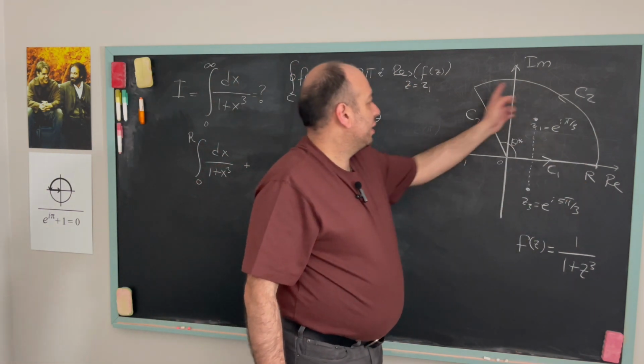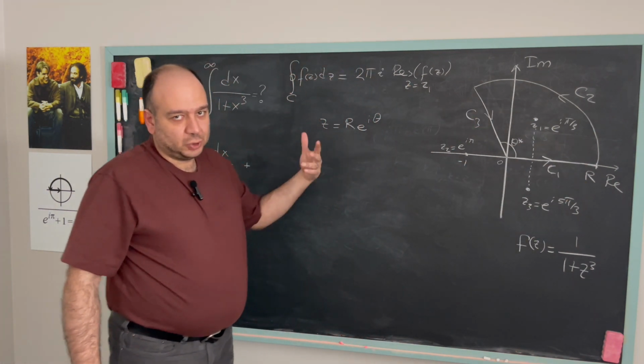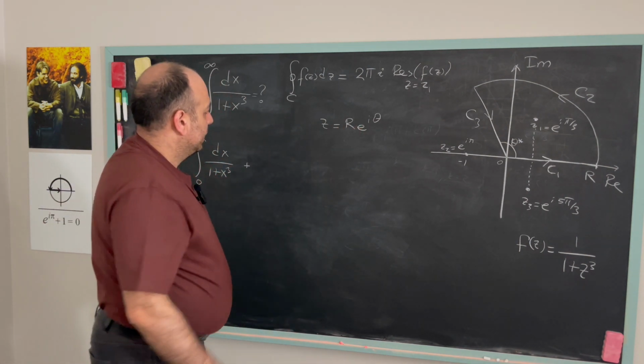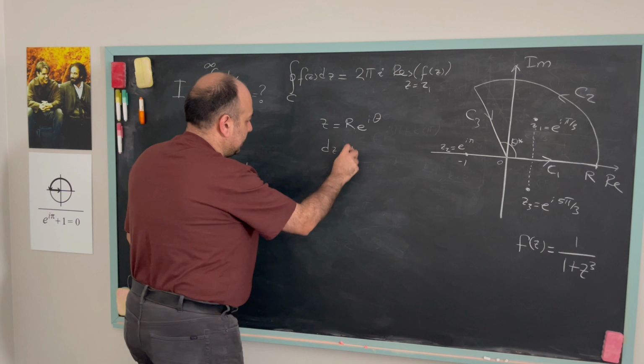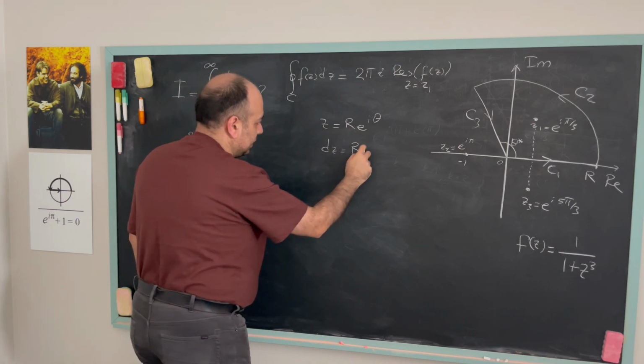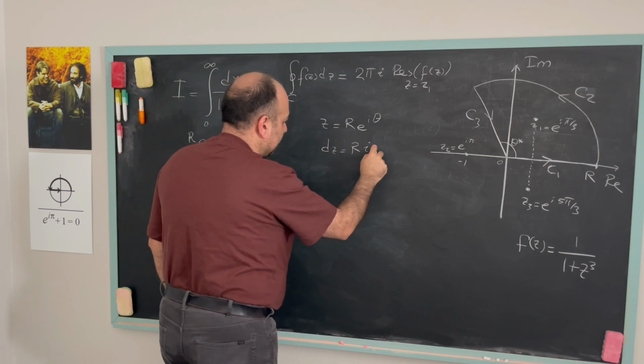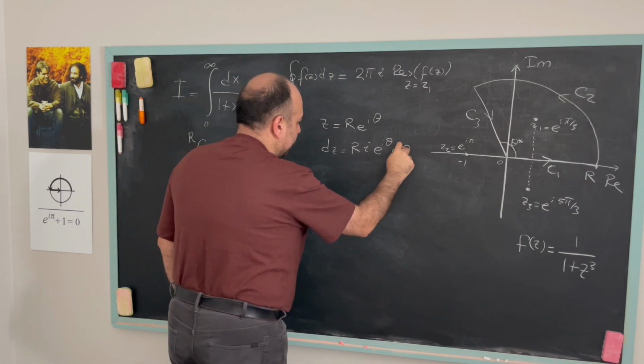Theta is my variable here. This is the polar representation, I hope you all know that. So dz is simply equal to r times, because r is constant, the derivative with respect to theta, which gives me i e to the i theta d theta.